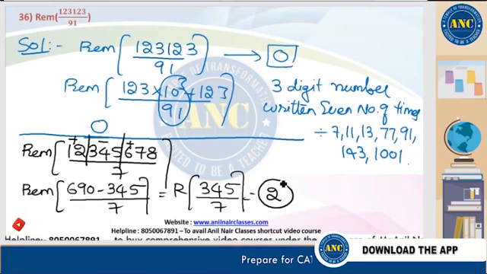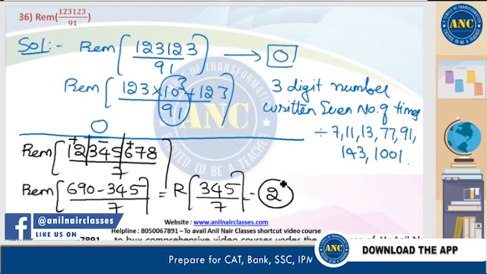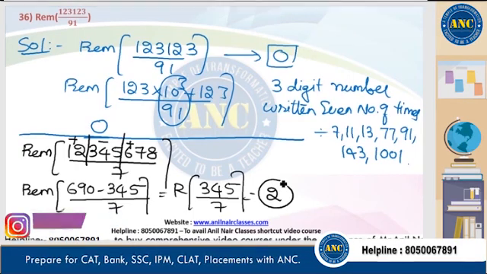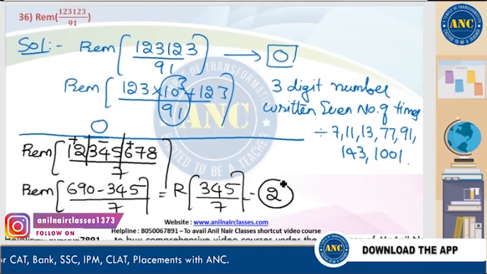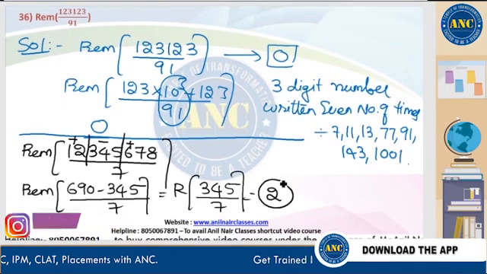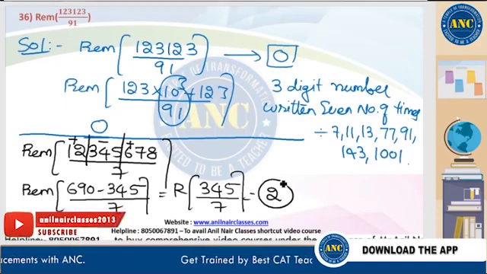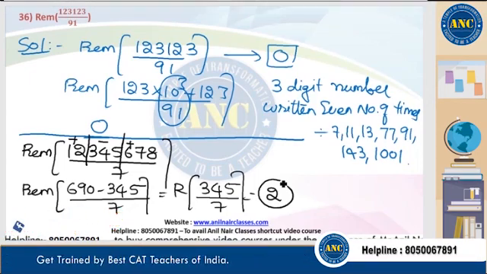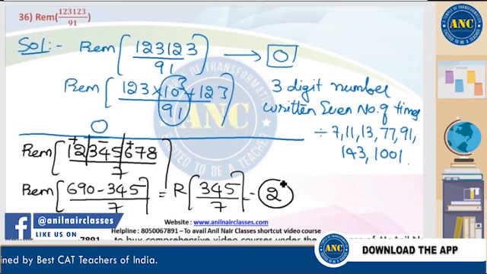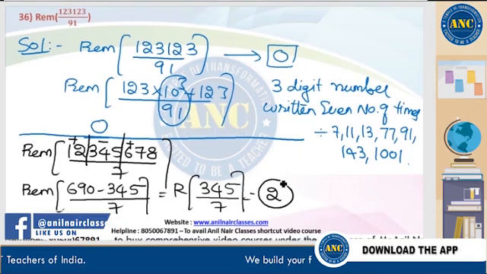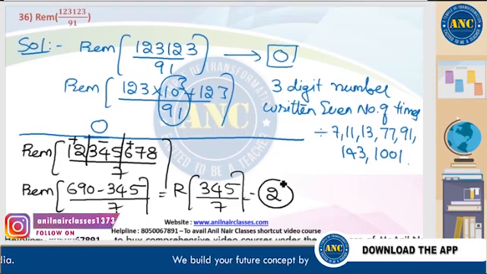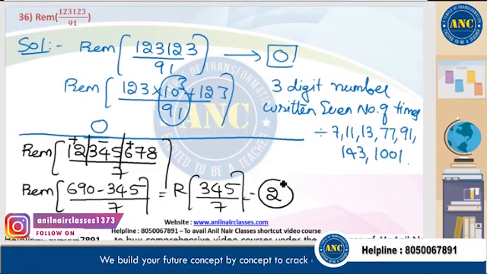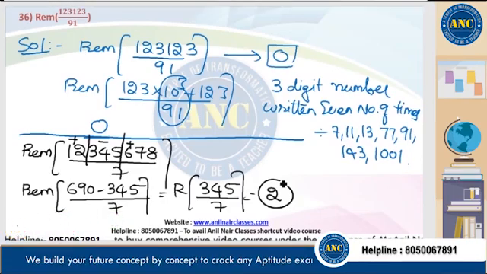Remainder is 2. This is for you, Vijay. If it is more than 6 digits, like the 8-digit number you gave, I take a group of 3 digits, alternately plus and minus. 678 plus 12 is 690. 690 minus 345 divided by 7. 7 fours are 28, 65, 7 nines are 63. The remainder is 2. Idea clear?